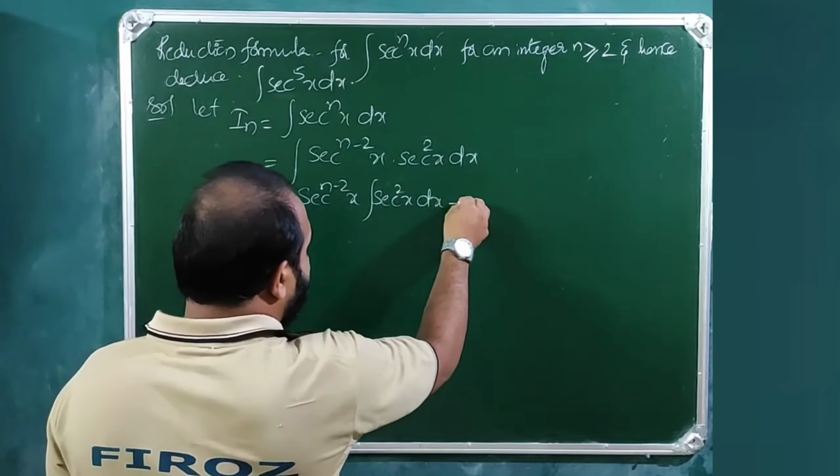So again by parts, the product of two functions. This cos power n minus 1 x is one function, and the remaining sin power m x into cos x to be the second function g of x.